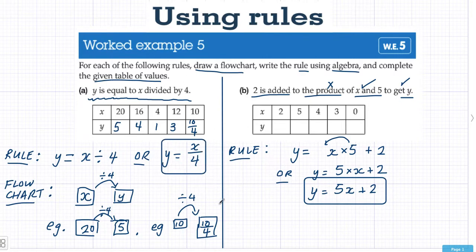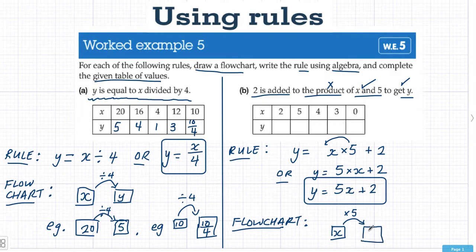Okay, now the next part of this is to create a flowchart. This is a bit more interesting, this flowchart, than the other one we did. So we start with x. Now what happens to x? Well, the first thing that happens is whatever is closest to x. Can you see that the 5 is right next to the x? So the 5 is the first thing that happens. What is that 5 doing? It's multiplying. 5 times x.